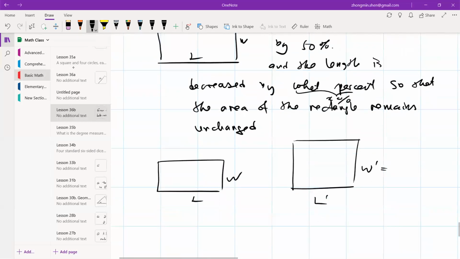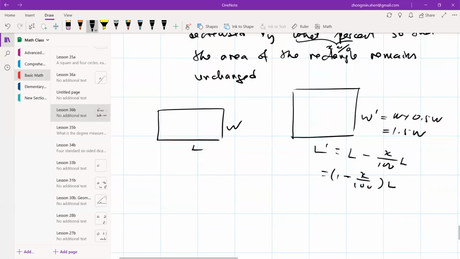Definitely the width is increased by 50%, so it's going to be W plus 0.5 W. It's 1.5 W. Okay, right? And the length will be decreased by X percent. X percent should be X divided by 100. So this is 1 minus X over 100.